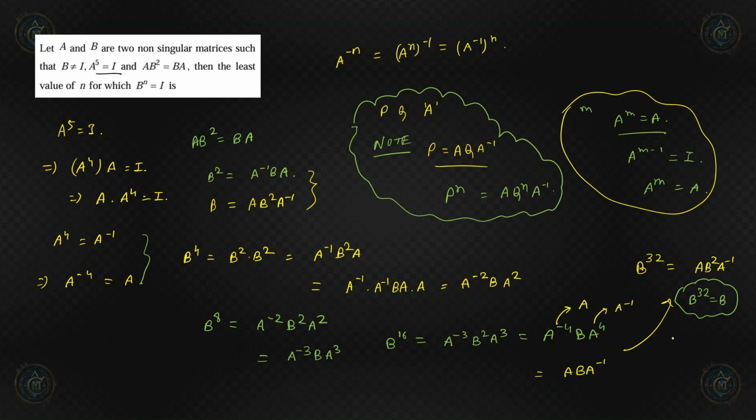This fact will give us B to the power 31 should be equal to the identity matrix, and this is the smallest number n for which B to the power n is equal to the identity matrix. So what will be our correct answer here? Answer will be 31. I hope you understood how we manipulated this given matrix equation and arrived at our destination.